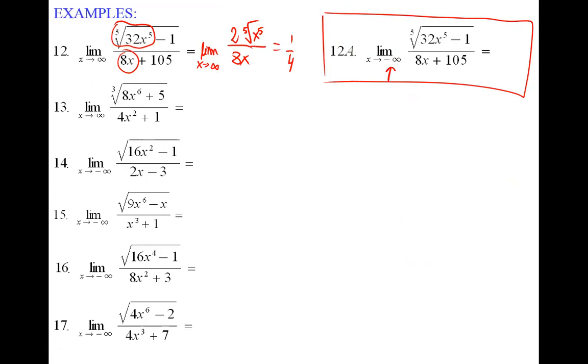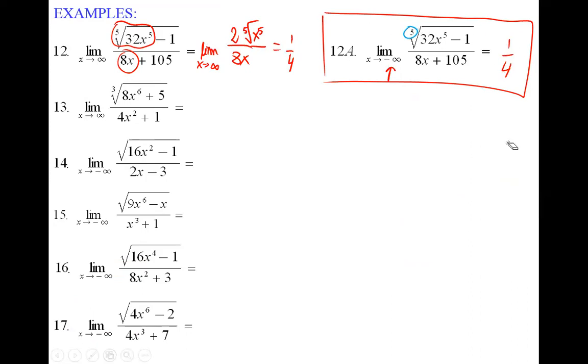Of course, it's a tricky question, because we have to notice that now we have an odd root. If we have the odd root, we're not changing anything, because we can accept negative numbers under the odd root. That means the answer will still be 1/4. Please remember, odd root is not affected by negative numbers.